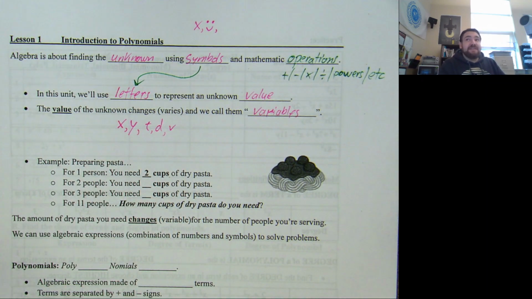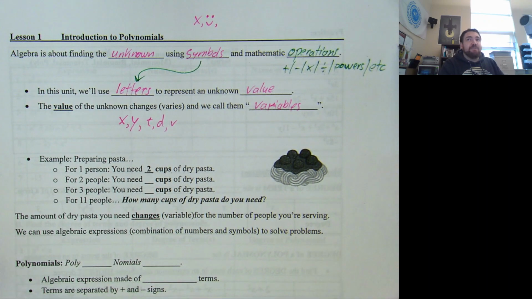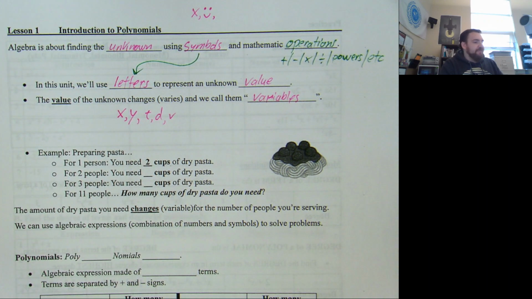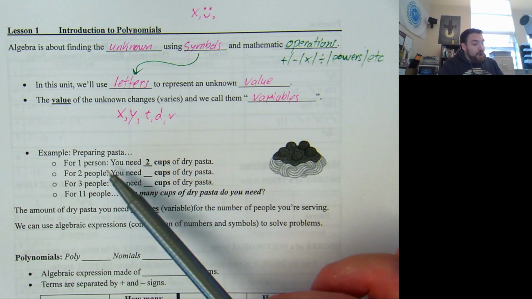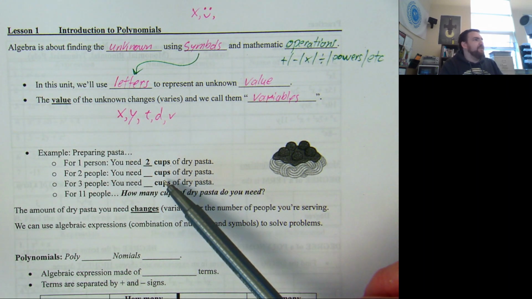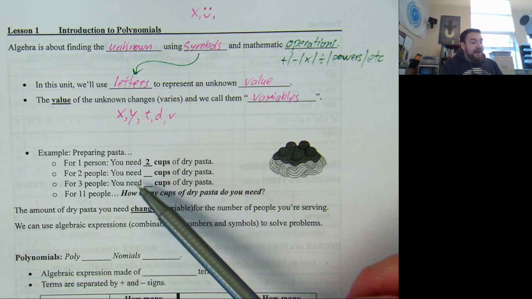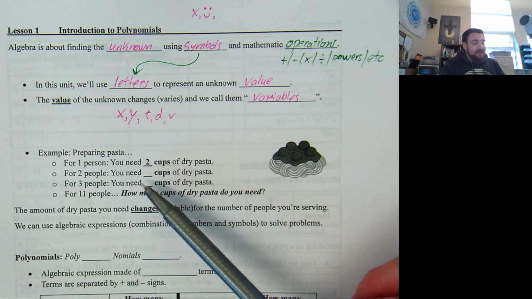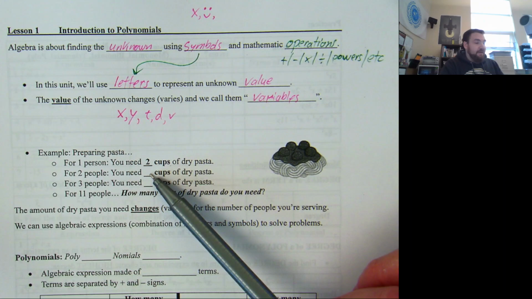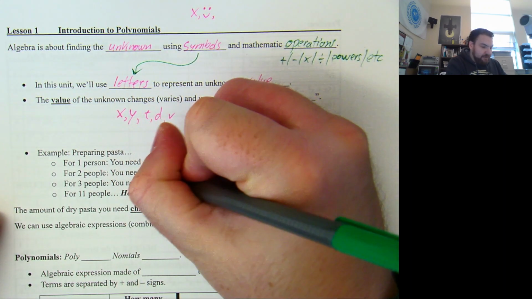For example, let's say you're preparing pasta. This is a problem that regularly shows up in my home. Given a certain number of people, how much pasta do you need? So if you know for one person you need 2 cups of dry pasta, which seems like a lot, maybe you really love pasta. If you have 2 people that are going to eat the same amount of pasta, how many cups of dry pasta do you need? 4.